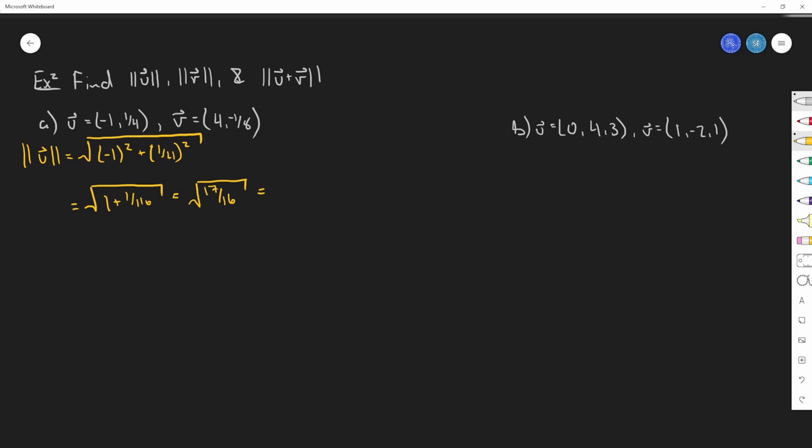If you want to simplify this even more, this would be the square root of 17 over 4. For v, again, same thing, the square root of the sum squared. So 4 squared plus negative 1/8 squared under the square root, and that is equal to the square root of 16 plus 1 over 64.